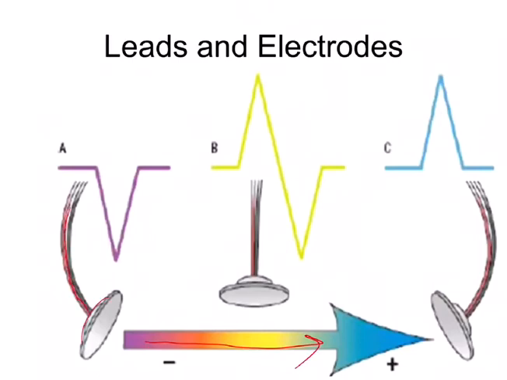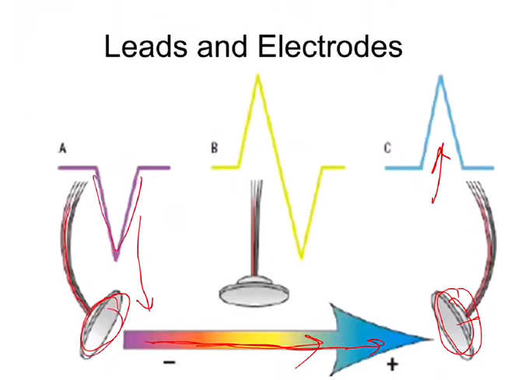Suppose these are the cameras which we have placed to see how the conducting system works, how we get positive and negative deflection during depolarization and repolarization. Whenever a positive charge moves towards a lead, suppose this is the lead camera, we get a positive deflection. Whenever a positive charge moves away from the lead, we get a negative deflection.